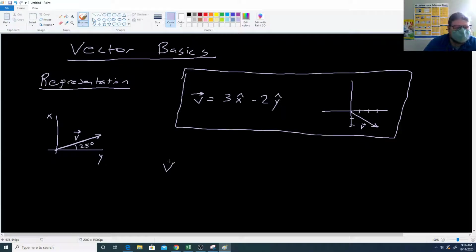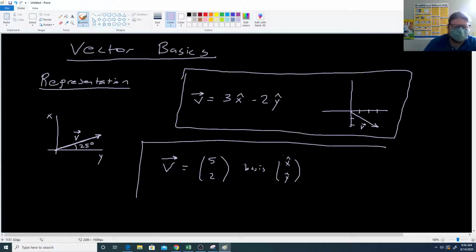Another way is to use this kind of array notation. Vector v is maybe 5 and 2, and it's understood that this has basis x hat, y hat. Another way we could write that vector v would be 5x hat plus 2y hat.